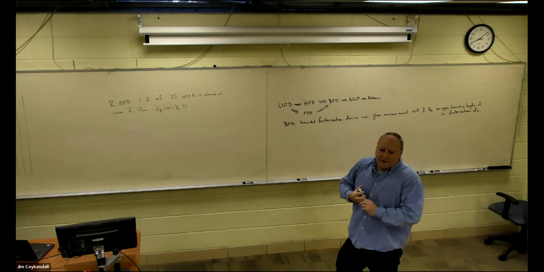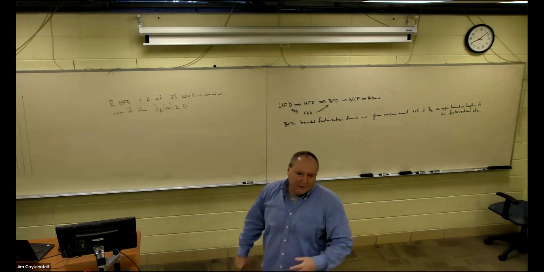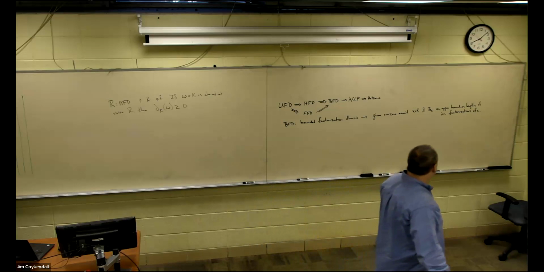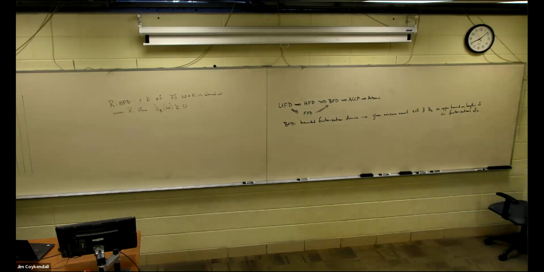So what it means to be a bounded factorization domain is there may be zillions and zillions of ways to factor this x, but given an x, there's an upper bound on how long that factorization can be. And this bound, of course, depends individually on x.